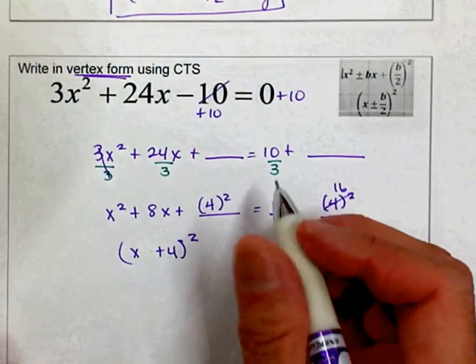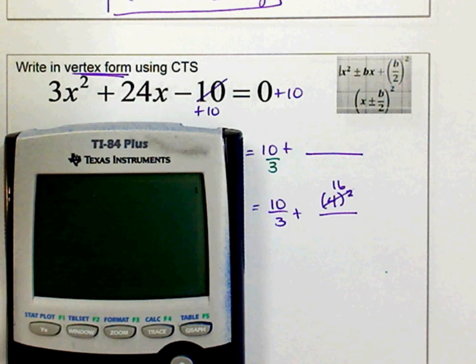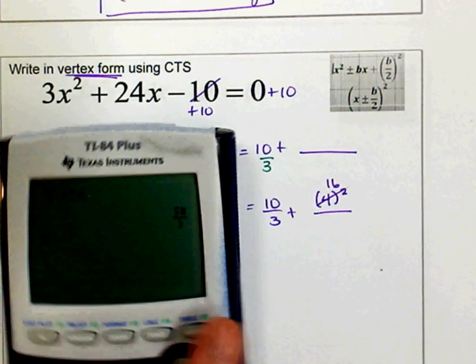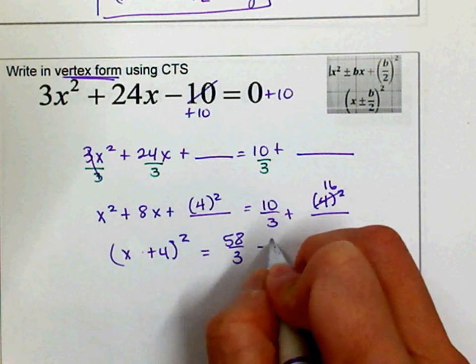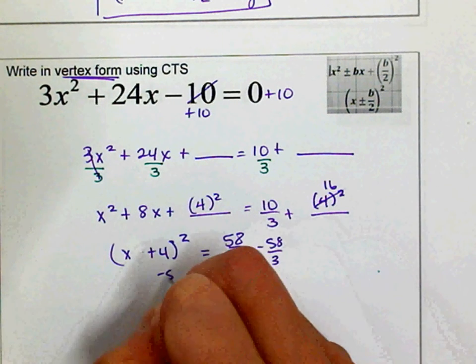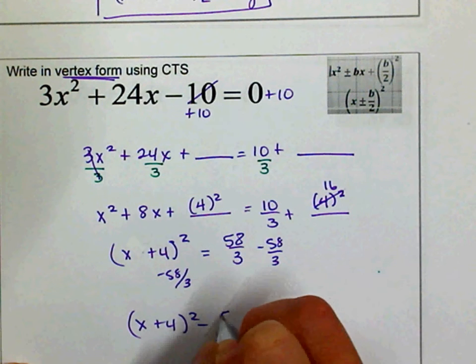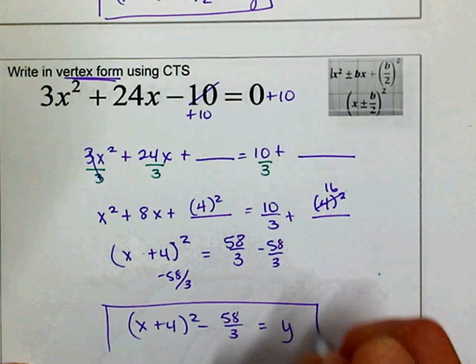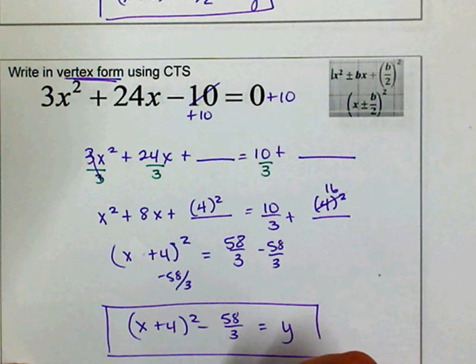Alpha y, number 1, 10 right click 3, plus 16, 58 over 3. Don't be scared of fractions, it's just a number. You subtract it to give you 0. So x plus 4 squared minus 58 over 3 is equal to y or 0, your choice. And your vertex is -4, -58 over 3. And there you go. Oops, sorry.